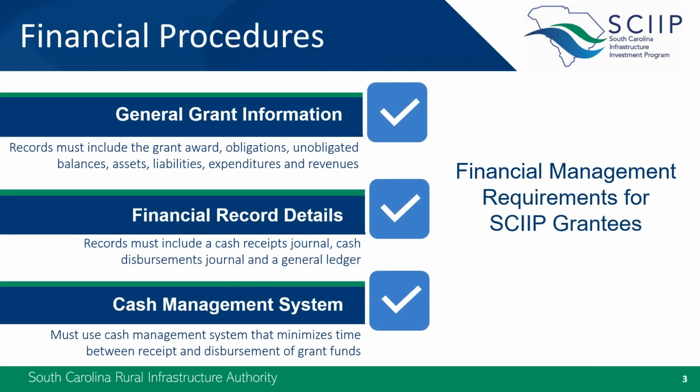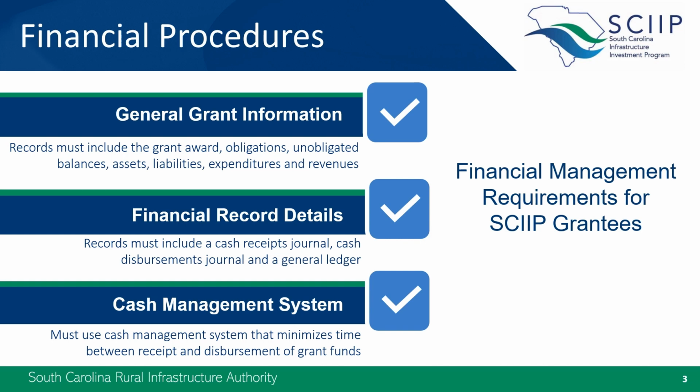It's important that grantees keep accurate information about the grant to include grant award, obligations, unobligated balances, assets, liabilities, expenditures, and revenues. RIA will review this information at monitoring and closeout. There is also a requirement to include a cash receipts journal, cash disbursements journal, and a general ledger to record all transactions.